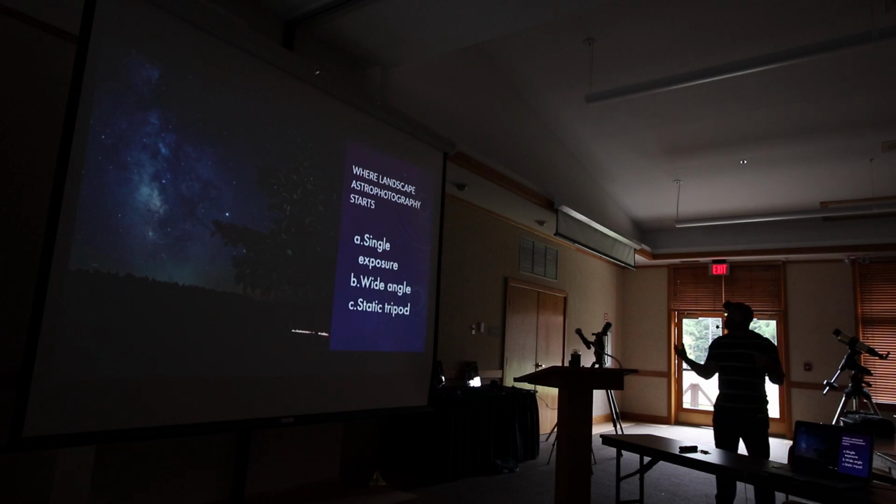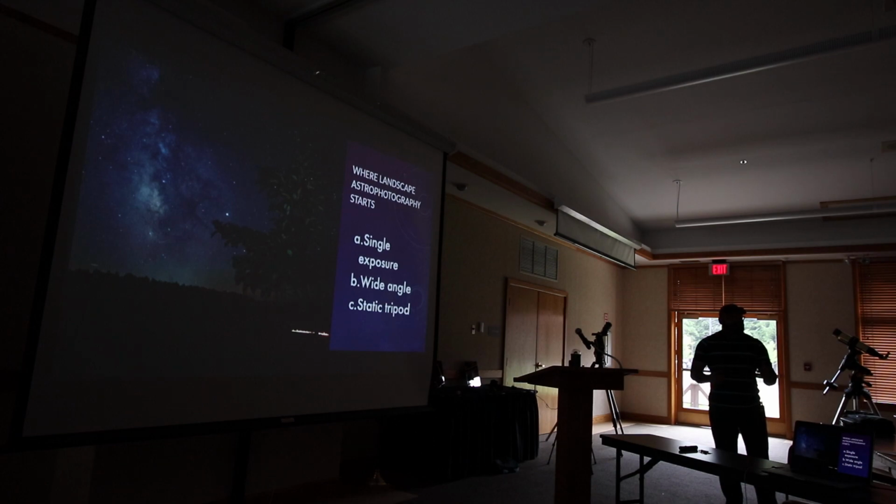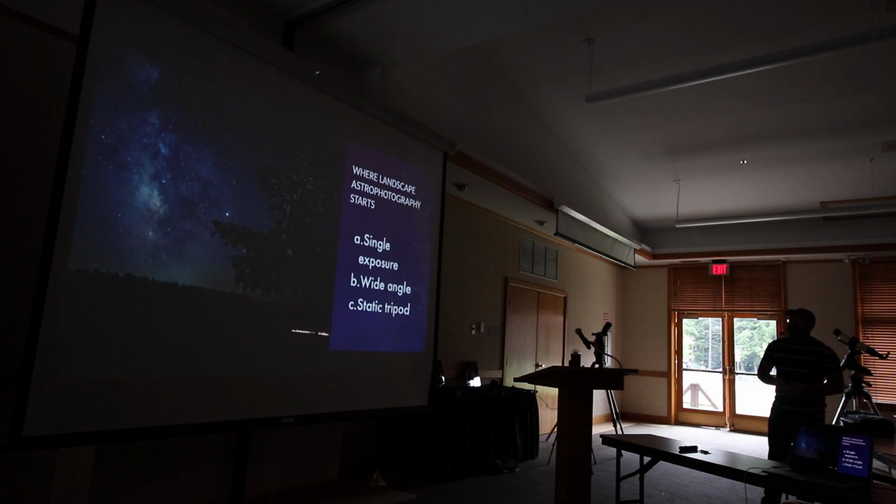So where did landscape astrophotography start? Well, what do you need to do landscape astrophotography? You need a camera, you need a wide-angle lens, and you need a tripod. That's all you need. And so this was the very first photo I ever took of the Milky Way core.